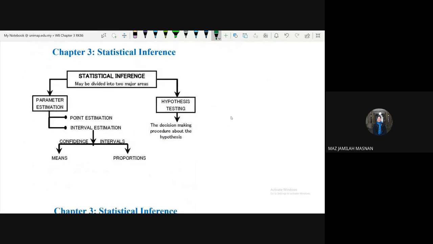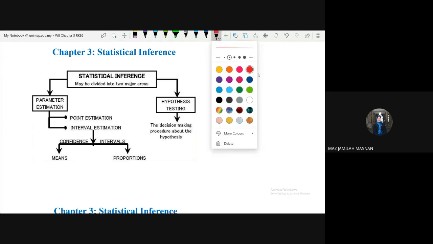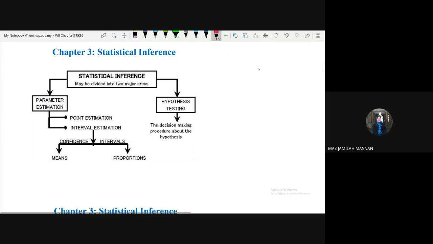Now, if I can summarize what we are going to learn in statistical inference, these are all the things that you are going to cover in your chapter. We have statistical inference, parameter estimation, and hypothesis testing.